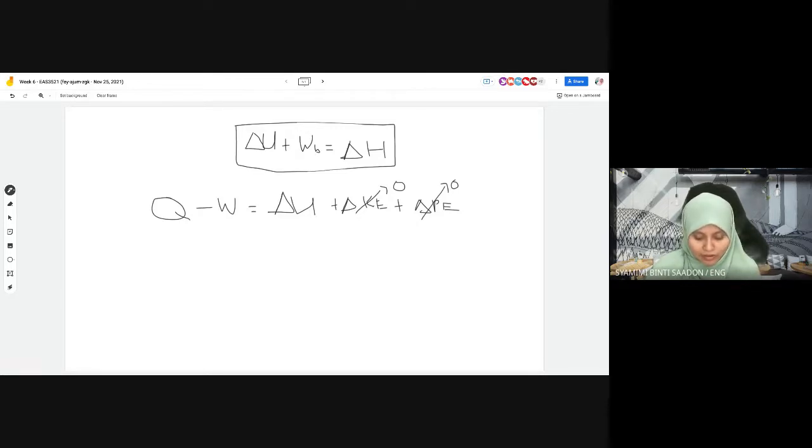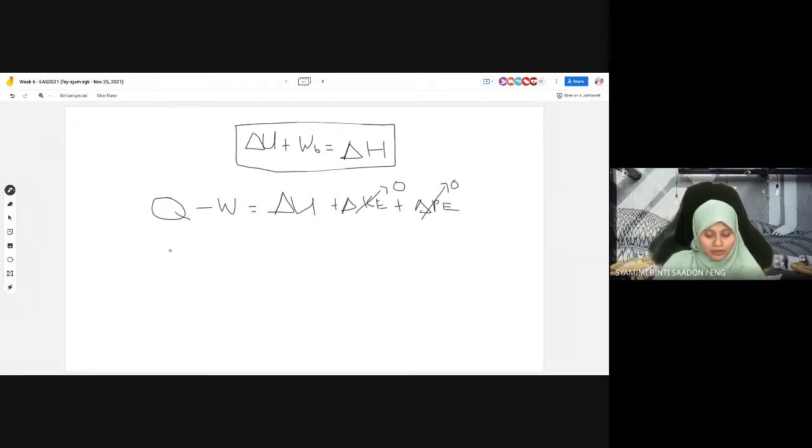So we have electrical work, and then we also have the shaft work, a shaft to rotate within the water. And then the boundary work, because the piston will have some sort of pressure. So there will be a boundary work done within the system.